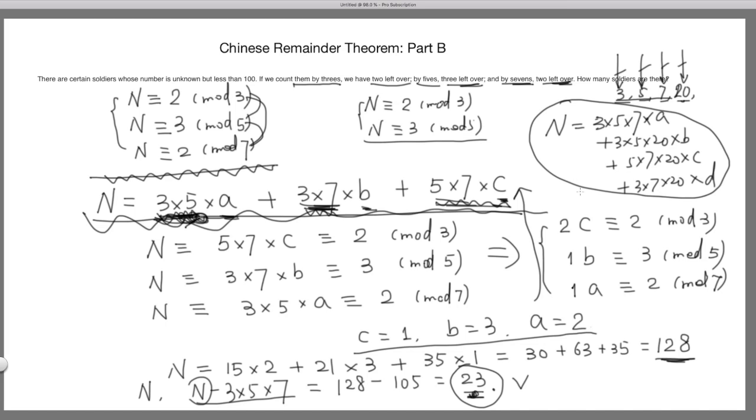Okay, so this method is completely general. And that's the end of this lecture.